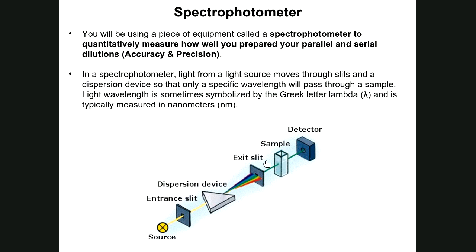As this instrument emits that wavelength of light through your potassium permanganate sample, the lower your concentration of potassium permanganate, the more light is able to pass through it. Therefore, the instrument will give you what we call an absorbance reading, something like 0.105.